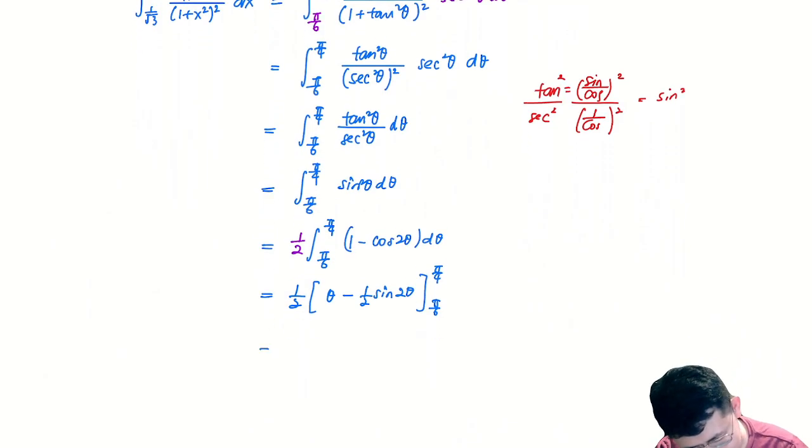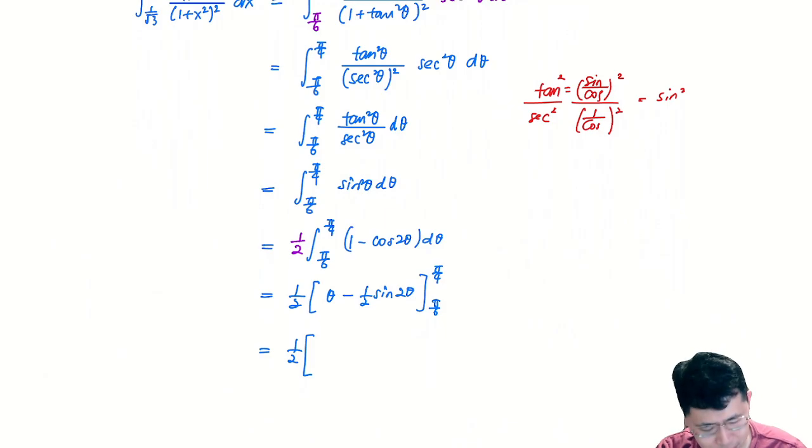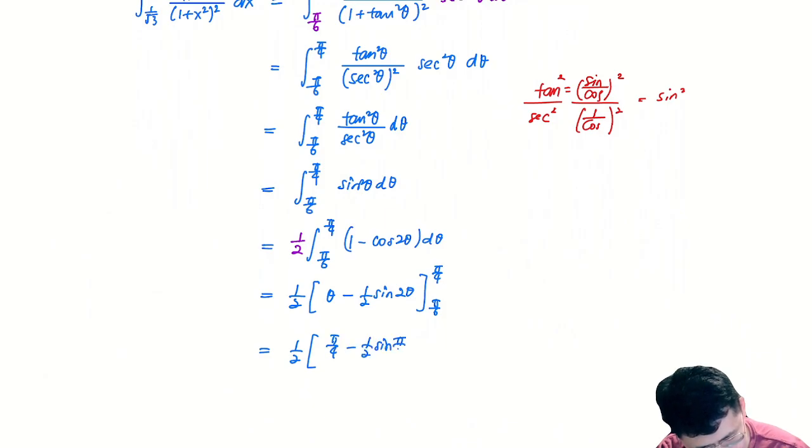So subbing in over here, I have half of pi over 4 minus half sine pi over 2, minus pi over 6 minus 1 half sine pi over 3.